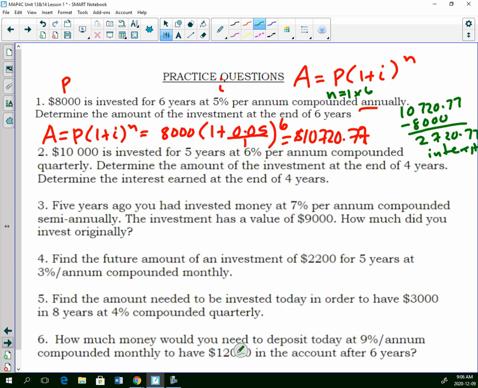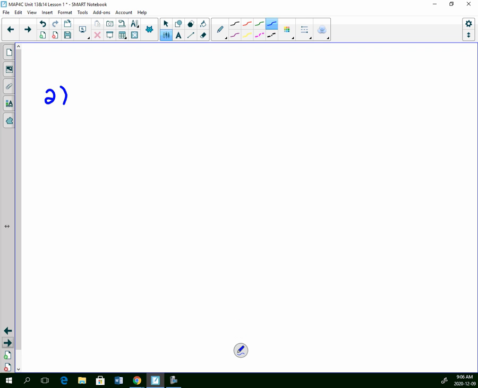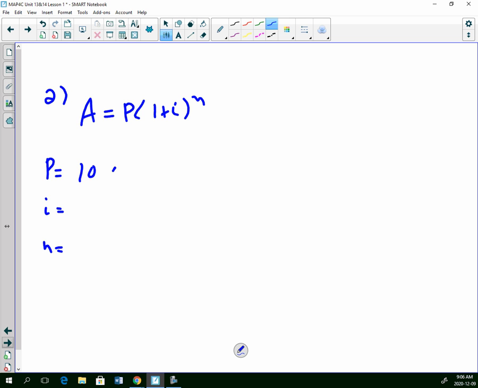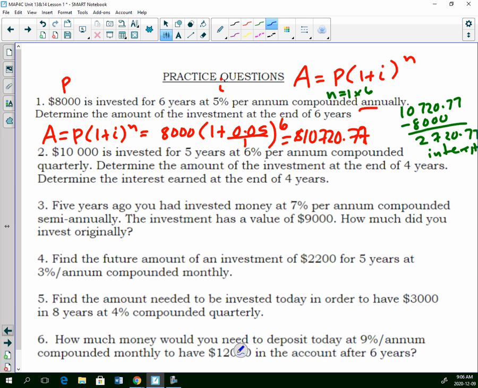I'm going to do number 2 on a different page because I don't have any room here. So number 2, we'll just write our numbers here. We are investing $10,000, and the interest rate is 6% compounded quarterly.